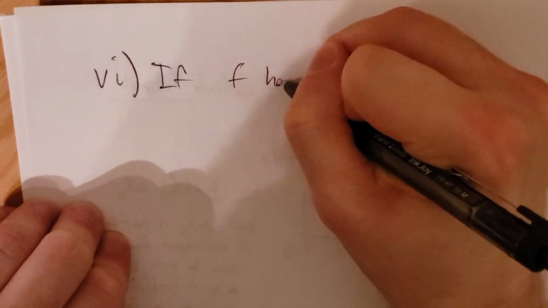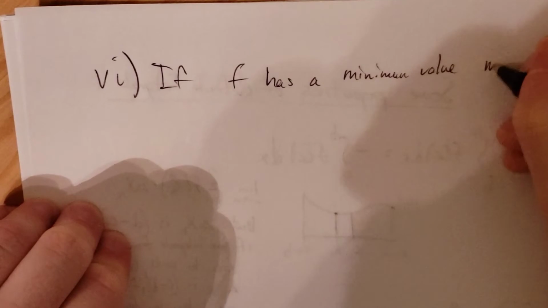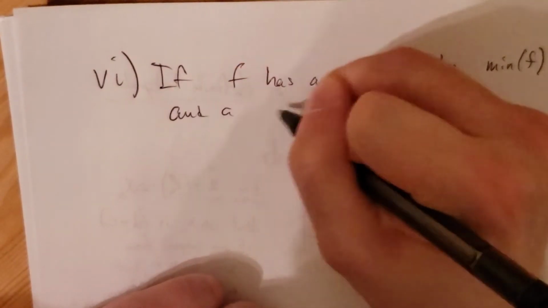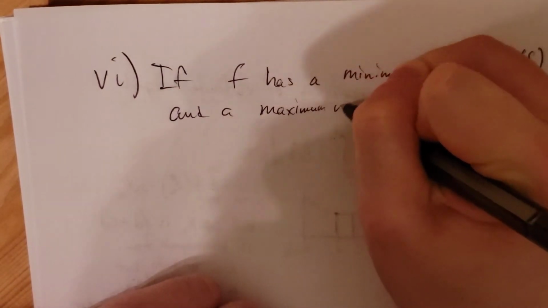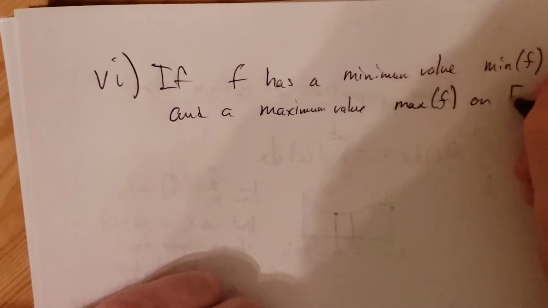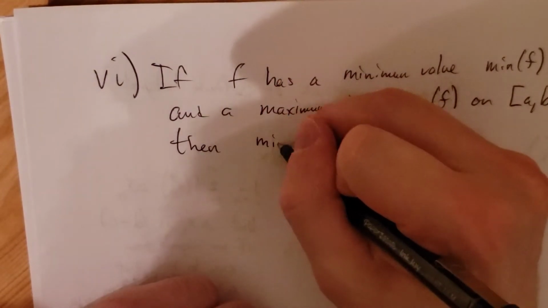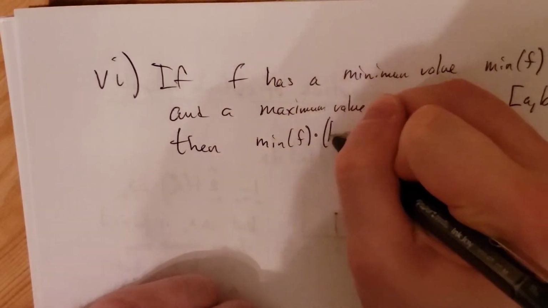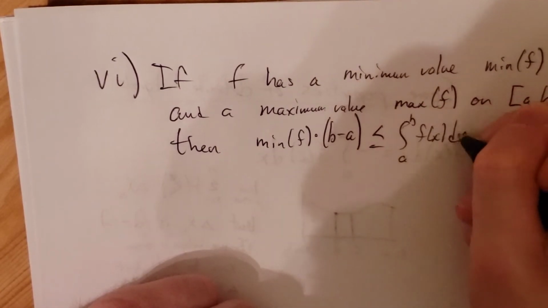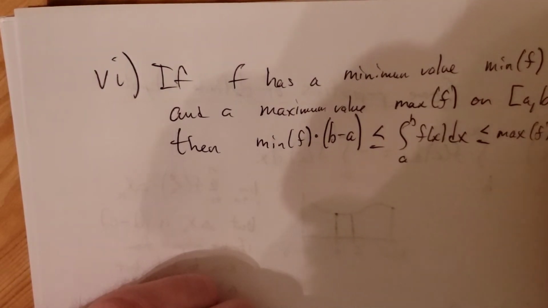If f has a minimum value, which we're going to label as min of f, and a maximum value, max of f, on the interval a to b, then min of f times b minus a is equal or less than the integral from a to b of f of x dx is equal or less than the max of f times b minus a.